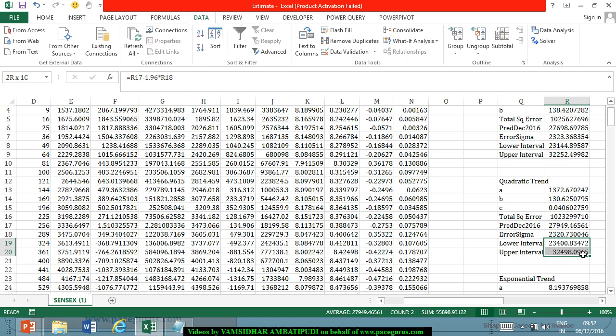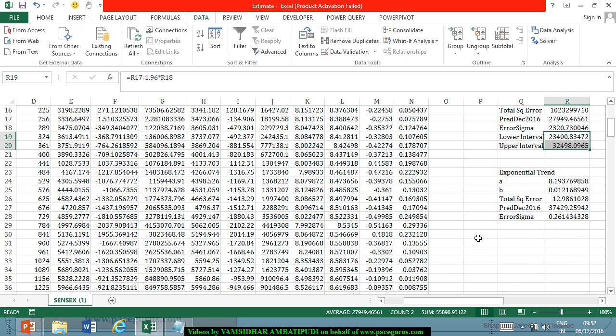So it's talking about a range of 23,400 to 32,498 as the range for the value of Sensex for the next month.